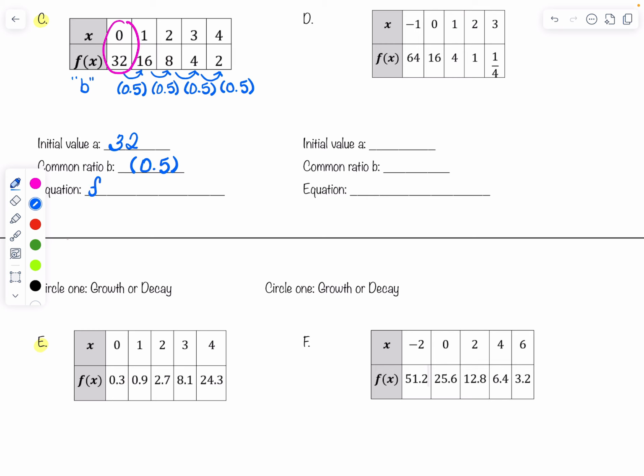Now, when we write the equation, we can write y equals. Keep in mind, we can also write f of x equals. Okay? Then we have our A value is 32. Our common ratio is 0.5 to the power of x. Now, what it's not is that it's not this.